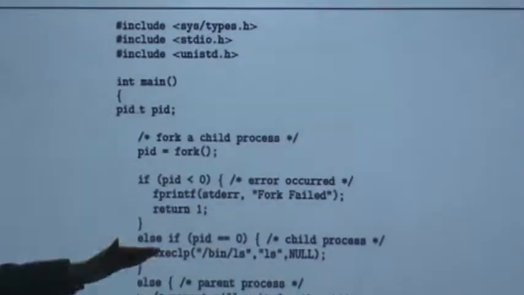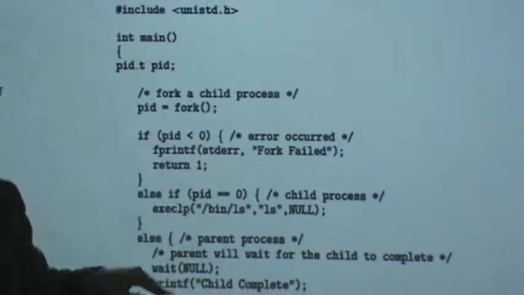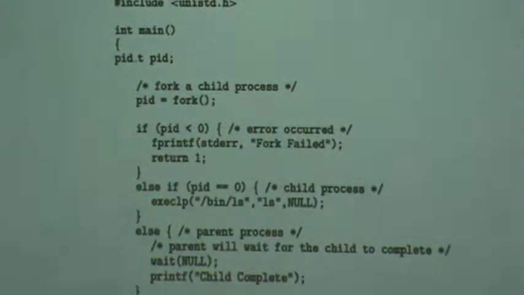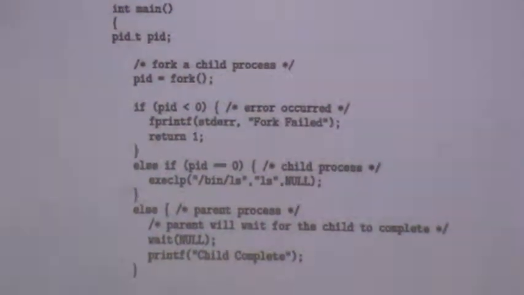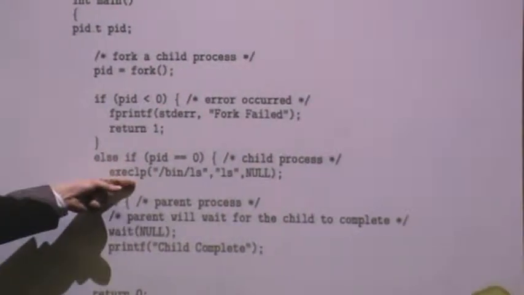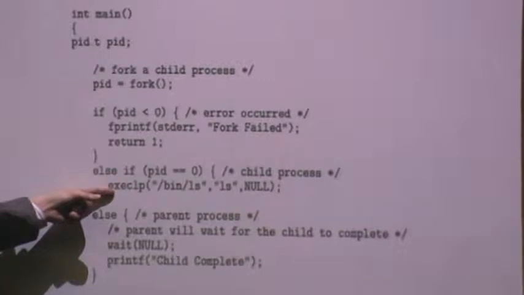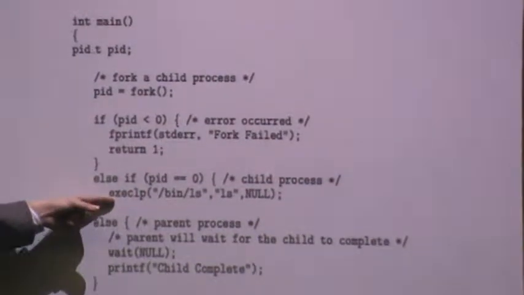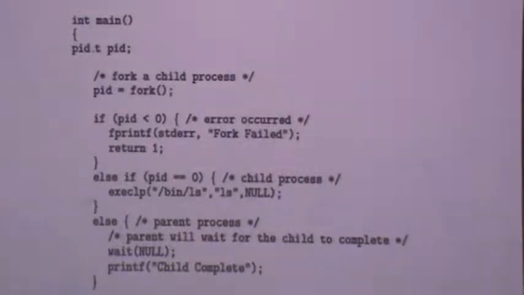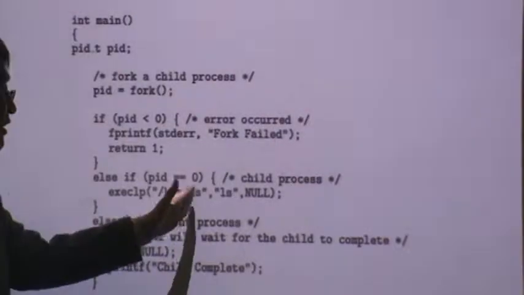Otherwise, if it's zero, it means it's created, but it's not separated yet. The first time you check the process ID of your child process, there is no child process ID, it's just zero. Zero means it's okay, it's created. Then you can send the exec command. In this case, execlp runs a command line, like the ls command.